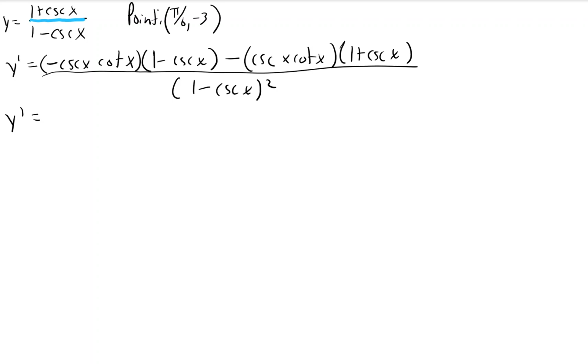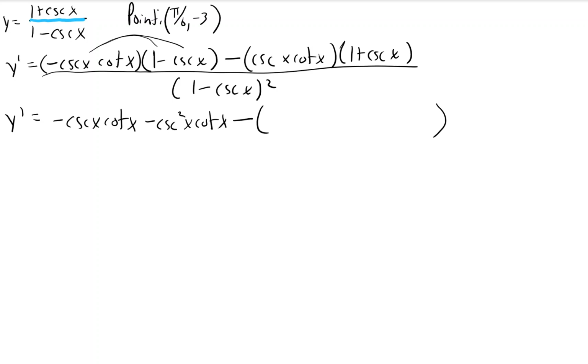So if I take all of this and distribute it to 1, that stays itself. All of this distributed to this would give me a negative cosecant squared cotangent x. And then I've got this minus.